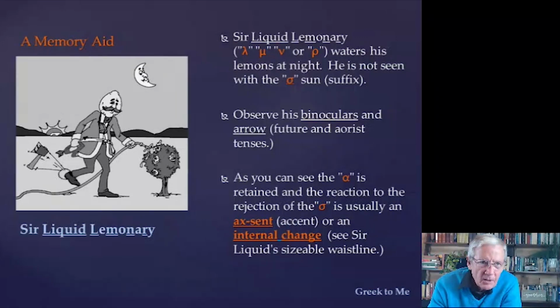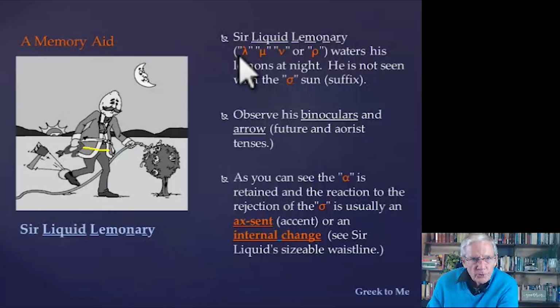You see him holding the alpha there with his one arrow. And then you see the axe that got sent by his foot. That's an accent, a little accent change or an internal change. And here we look at his big, heavy waistline there.